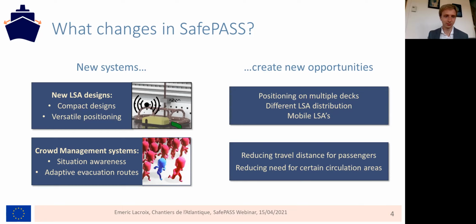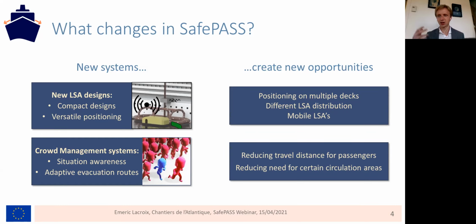For example, we have two main systems in SafePASS that are really important to the ship architecture, which are the new LSA designs. So usually these LSAs are very compact, saving a lot of space. So you're not filled up on the entire length of the ship anymore. You can actually try to play around longitudinally. And they have quite a versatile positioning.